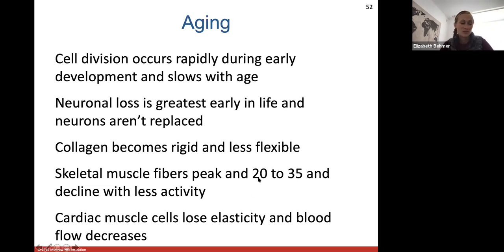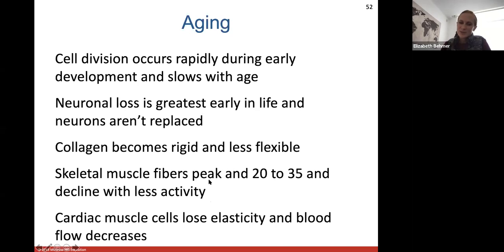When do we see most Olympic athletes? 20 to 35? 35 is probably even pushing it. If you think of other major sports athletes, their skeletal muscle fibers are peaking about 20 to 35. And then you'll get athletes who can go on forever, which is probably their own choice. It's probably hard to retire from something like that.